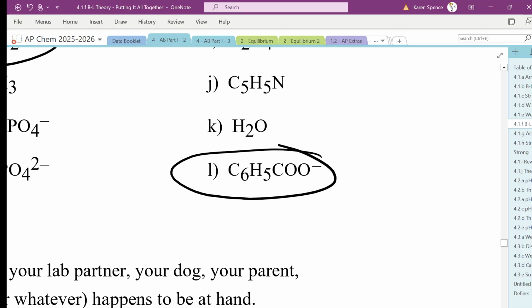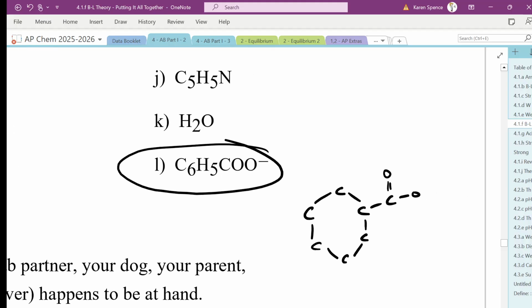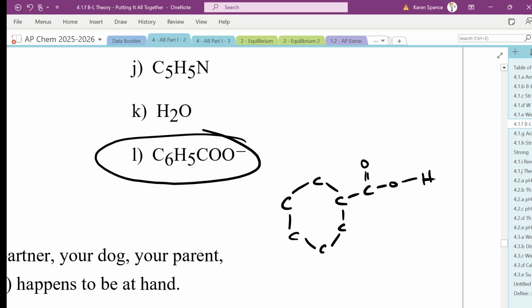this one here, we have C6H5, that's a benzene ring. C6H5COOH would be the conjugate acid, yes?